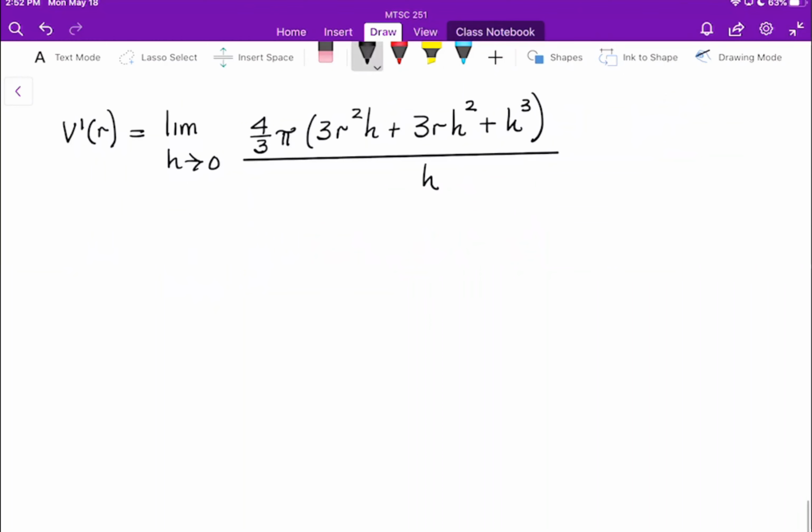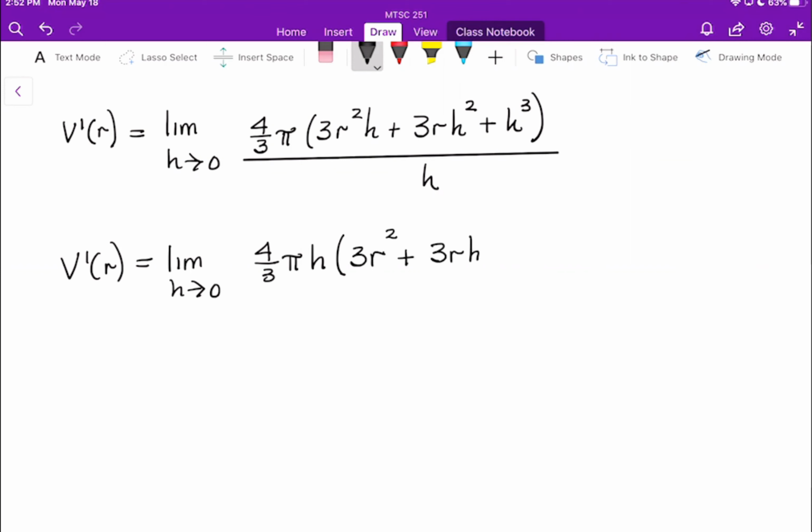Let's factor out an h. The limit as h approaches 0. So we have 4/3 pi, factor out an h, and that's going to give us 3r squared plus 3r times h plus h squared, divided by h.